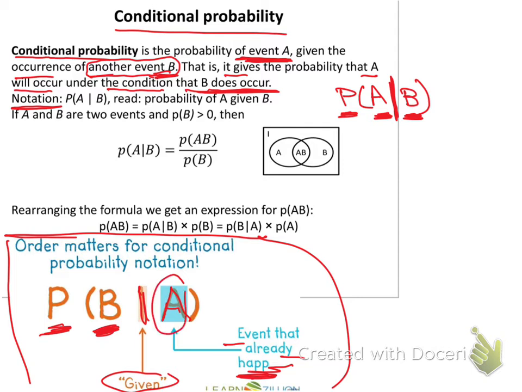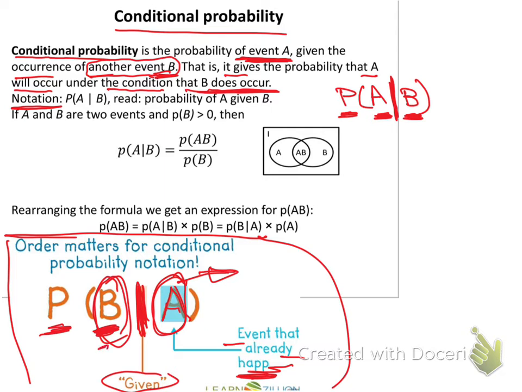So the last one means the given one, which already happened. After the given line, the second one is the thing which we knew and are sure has already happened. So what I'm looking for is the first one, the probability of B. That's what I want to find.